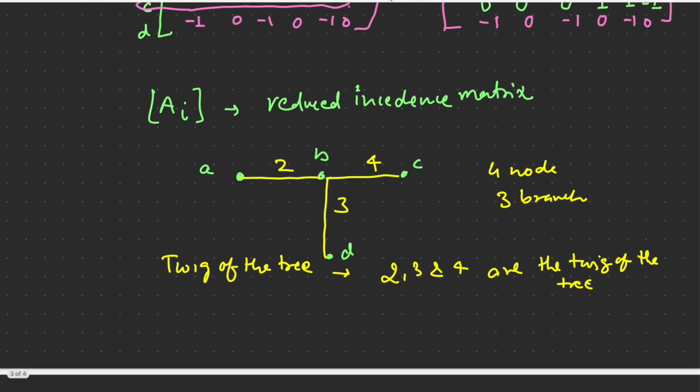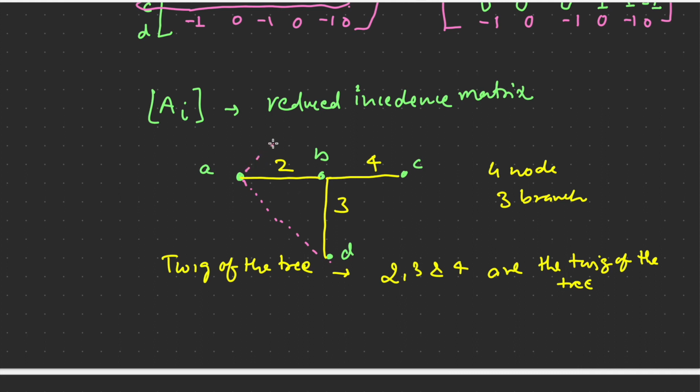And for the remaining branches, if you consider from node A to D, this will make a loop. Once a loop enters the tree, the tree cannot be taken and it is not defined as a tree for the given graph.